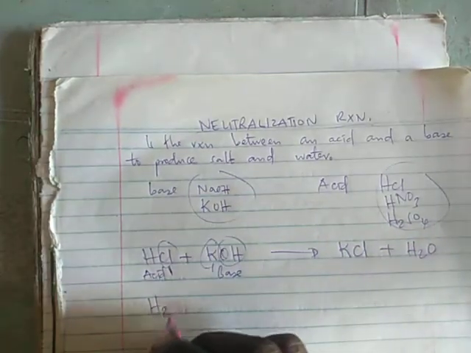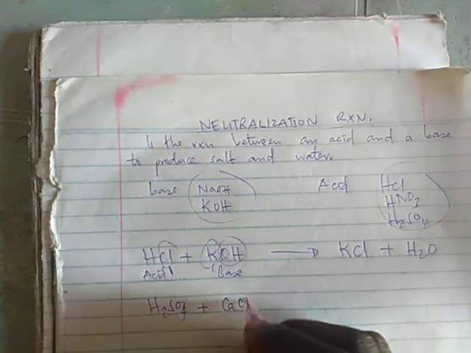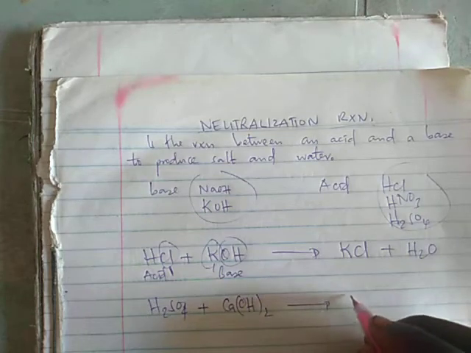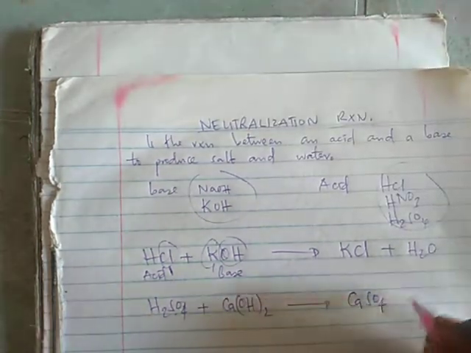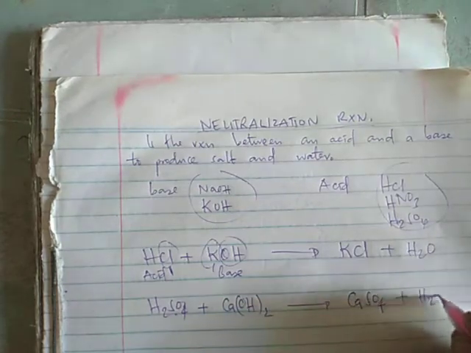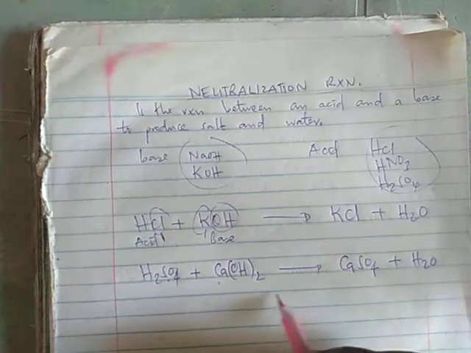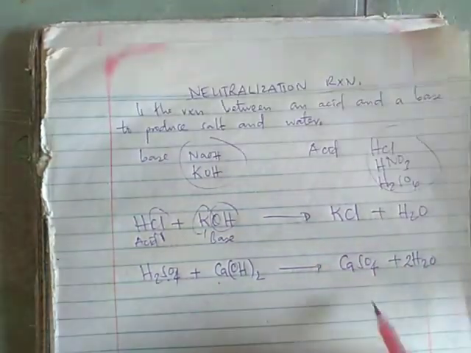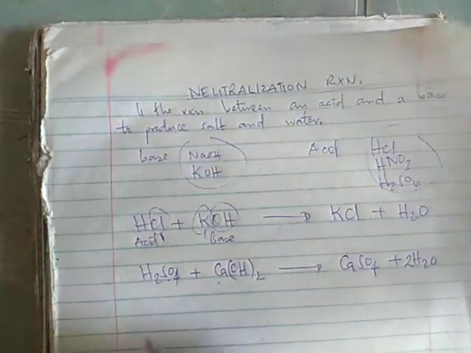Kwa mfano H2SO4 plus calcium hydroxide, base tutakuja kupata calcium atabondi na ile SO4 plus H2O. Kinachobaki hapo ni kubalance. Kwa mfano calcium moja hydroxide, hapa lazima tuweke mbili.